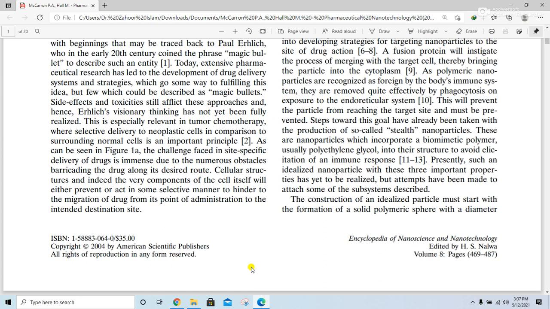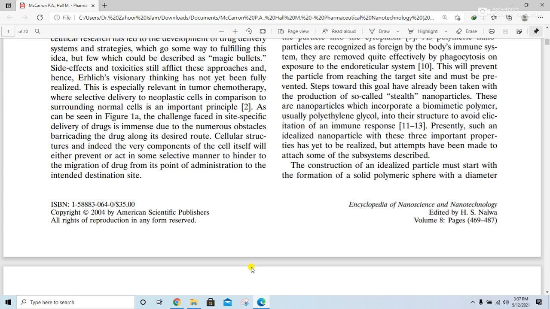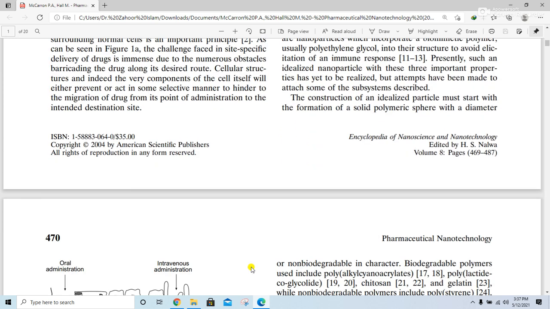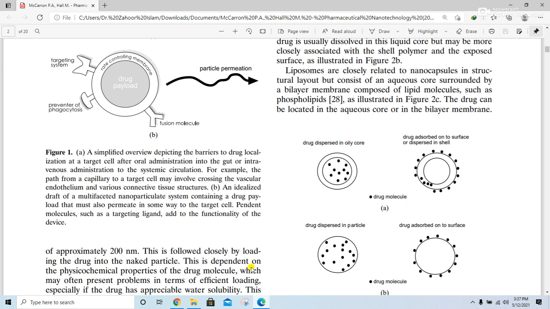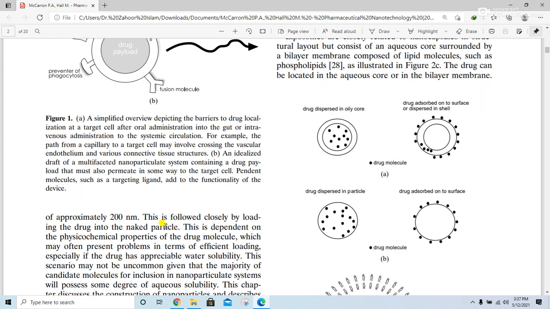I was discussing the construction of an idealized particle, which must start with the formation of the solid polymeric sphere with a diameter of approximately 200 nanometers. This is followed closely by loading the drug into the naked particles.